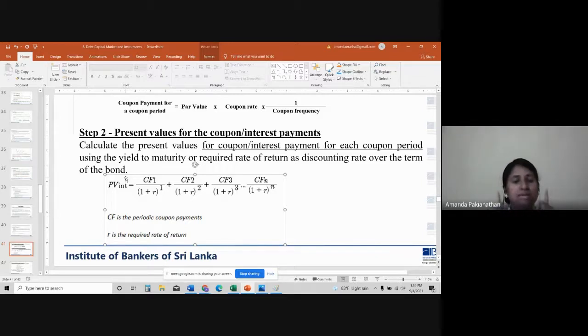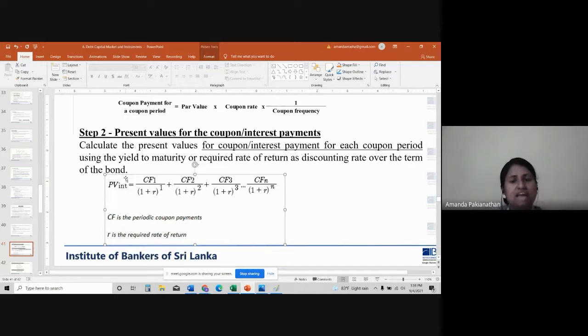So one particular cash flow is sorted. We saw the amount of that particular cash flow and we saw the timing of that cash flow. And using that, we have calculated the present value. So the coupon interest payment is sorted.